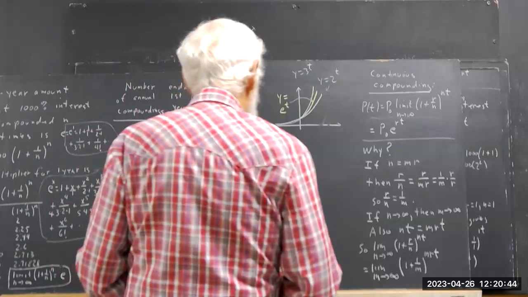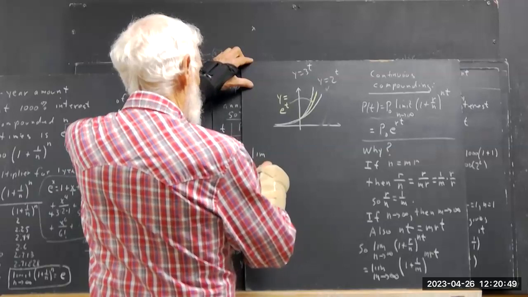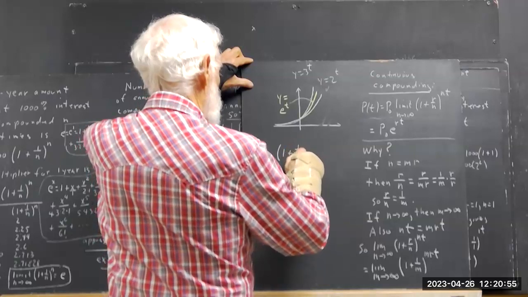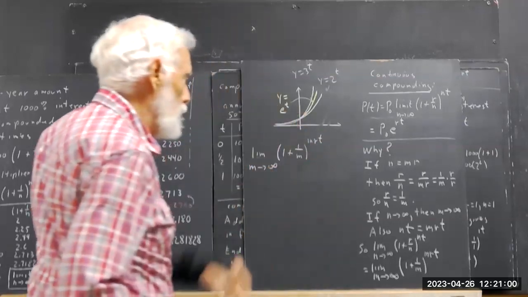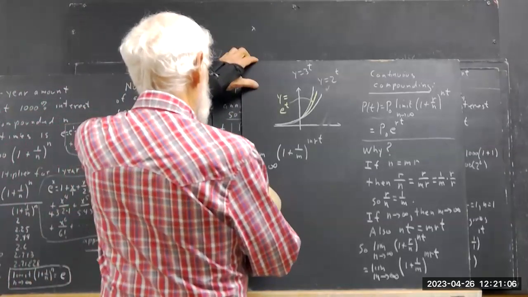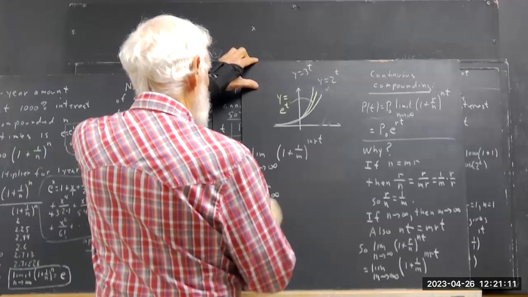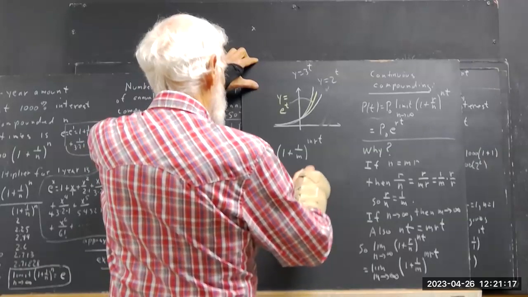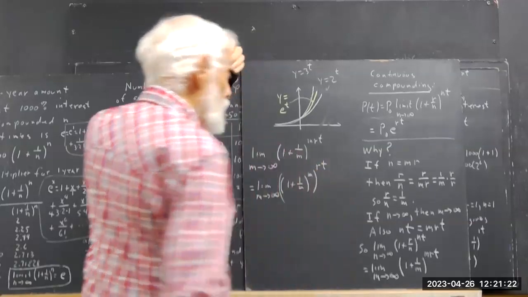Okay. Now, the limit as m goes to infinity of 1 plus 1 over m raised to the mrt, by the laws of exponents, is the limit as m goes to infinity of 1 plus 1 over m raised to the m raised to the rt.